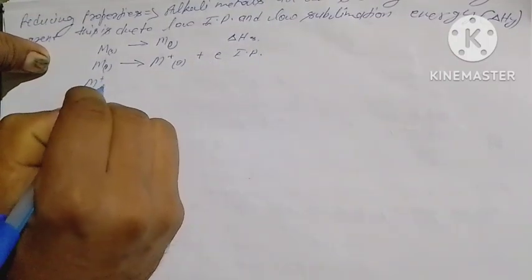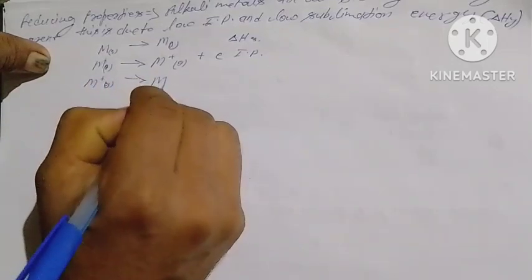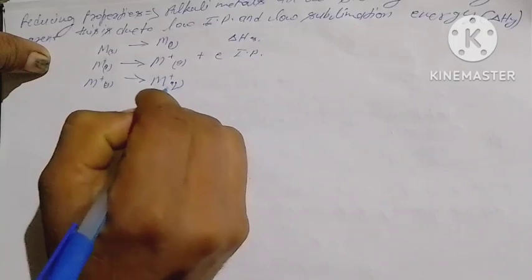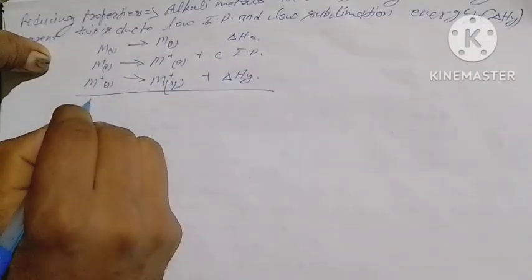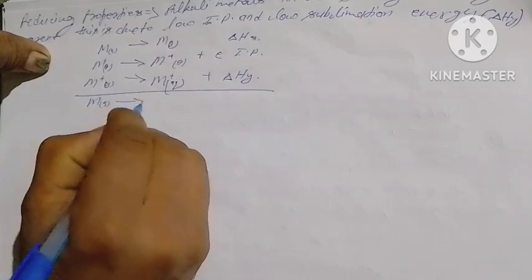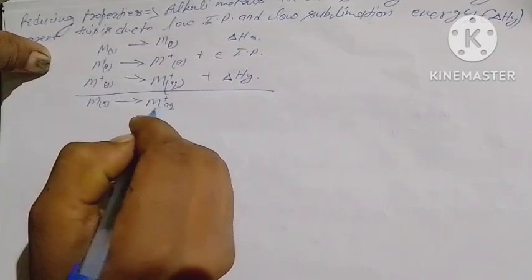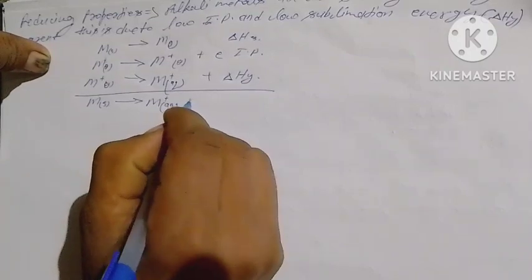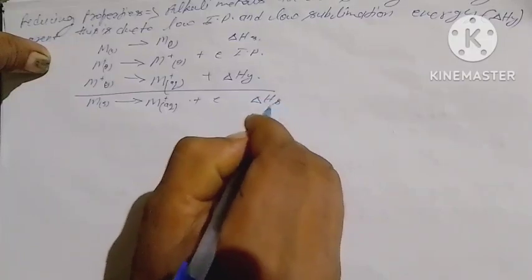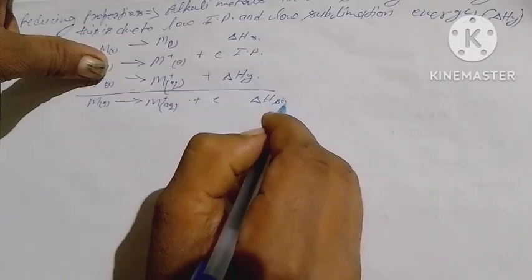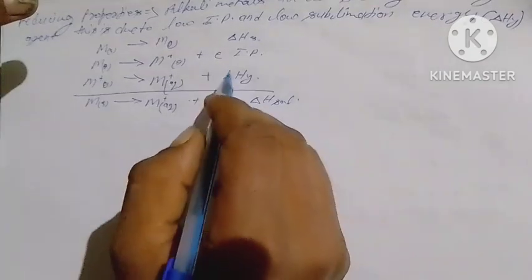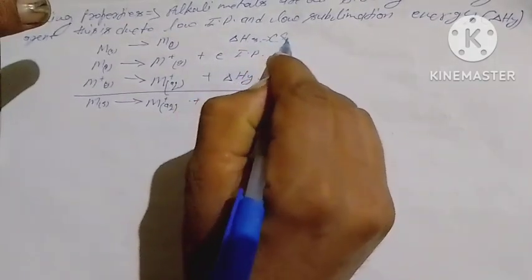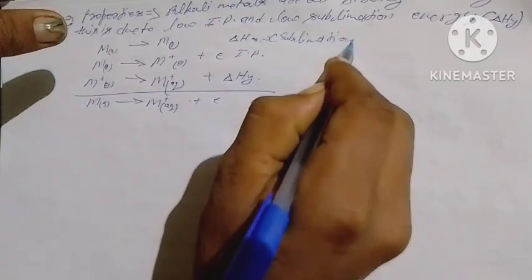Then M plus in gaseous state is converted to M plus aqueous, with delta H hydration. Overall, M solid is converted to M plus plus e, with delta H solution. Delta H s is the sublimation energy.